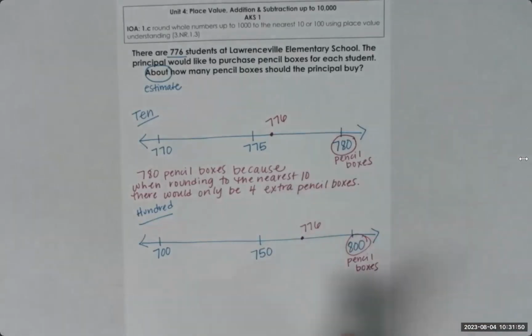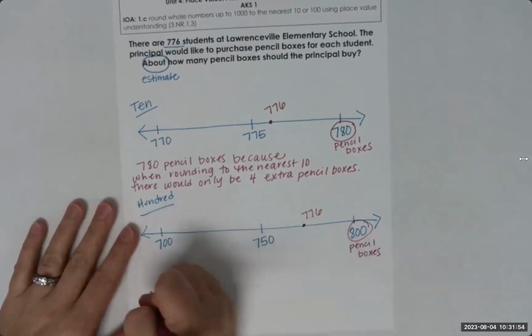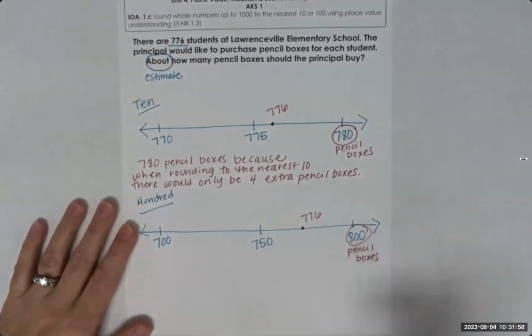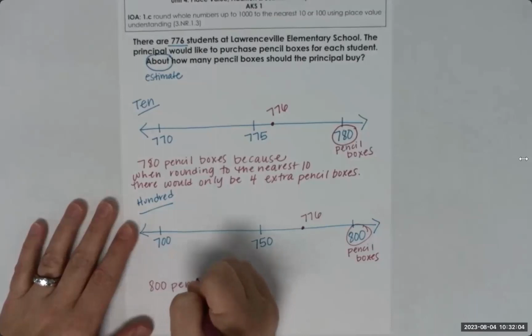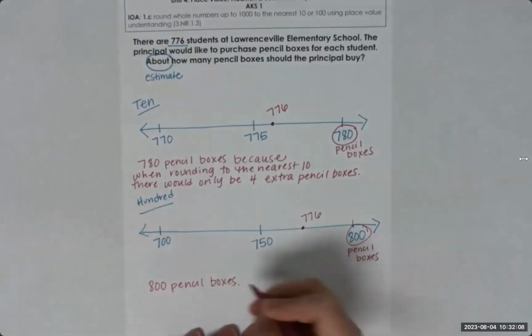So what if a student said, no, I'd round to the nearest 100. So, about how many pencil boxes should the principal buy? Well, the principal should buy 800 pencil boxes. Okay.